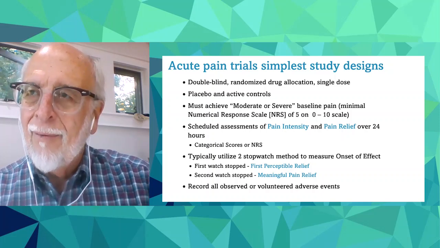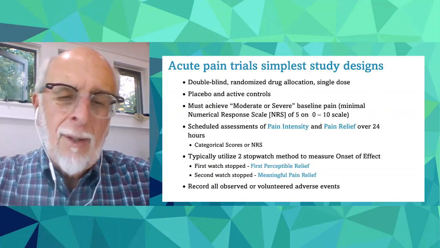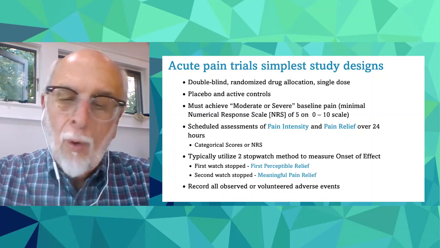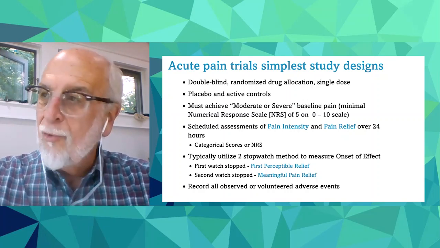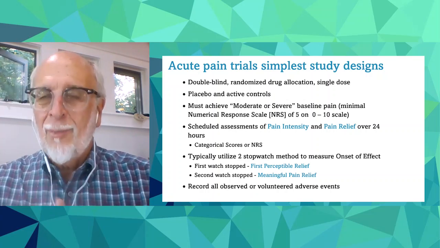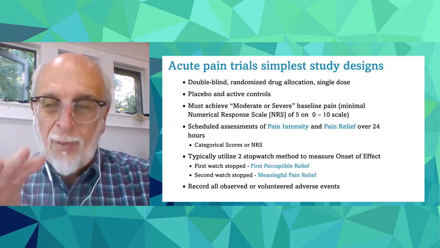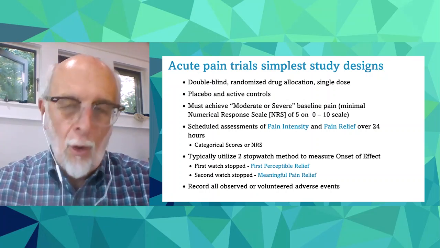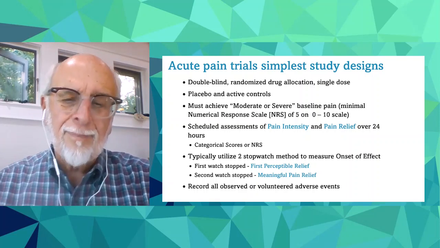They can read again. They can watch television, and it's not all about focusing on the pain. And then we record all of the adverse events that are observed or that the patient tells us. So at every observation point, where we ask them how severe their pain is on a 0 to 10 scale, we'll ask them how much pain relief they have, from no pain relief at all to all my pain is gone.